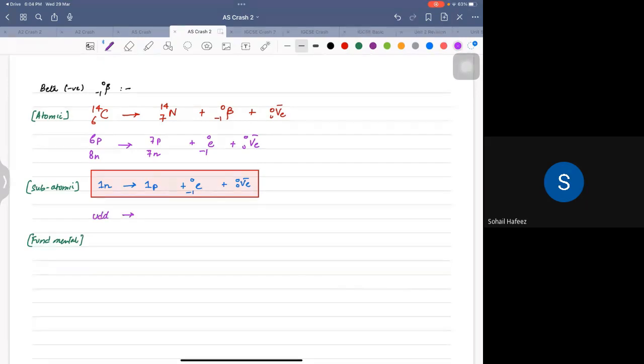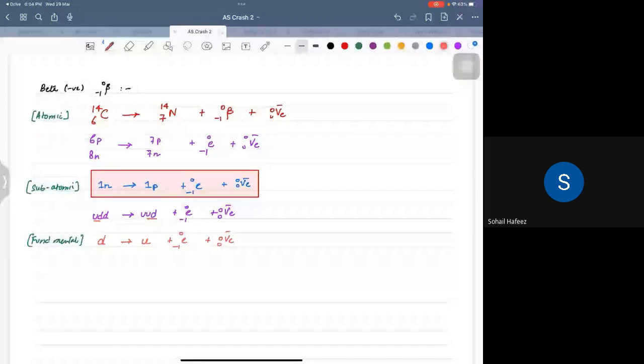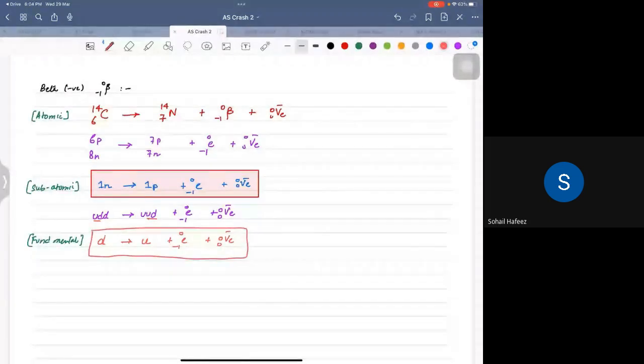Proton is? Up, up, down, plus an electron, plus an anti-electron neutrino. If you look at the equation carefully, you might realize that a down quark has changed to up. It has given an electron and an anti-electron neutrino. So this equation needs to be learned as well.